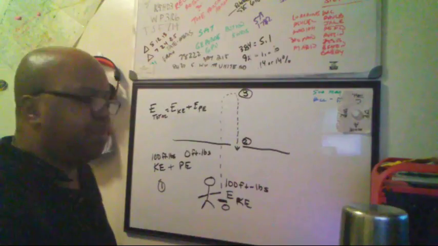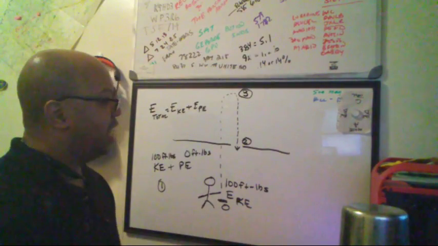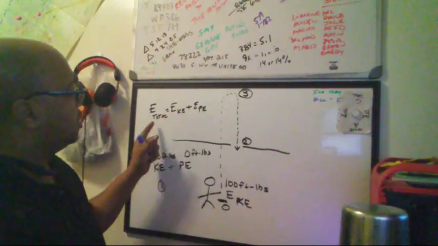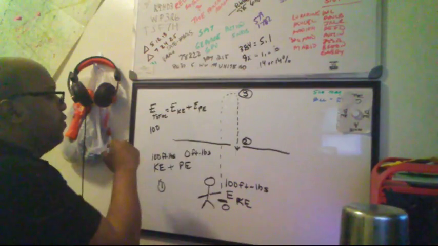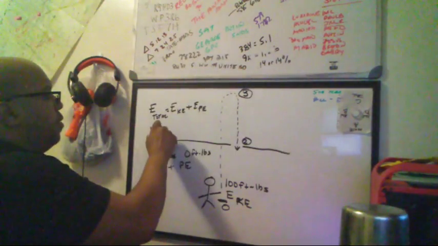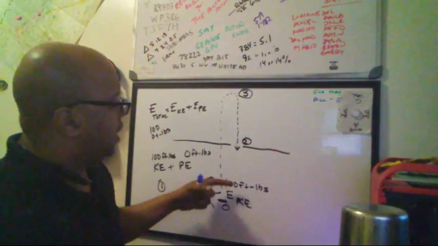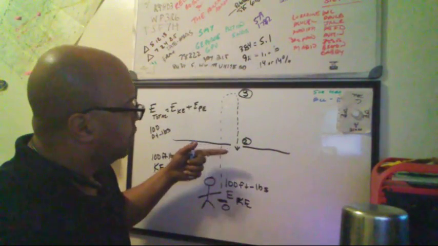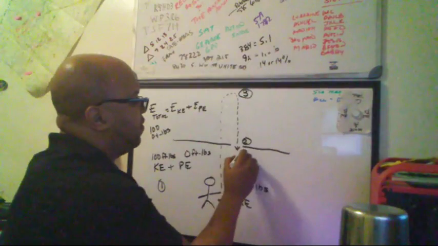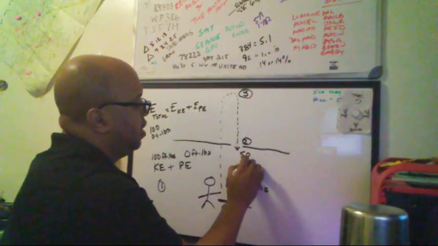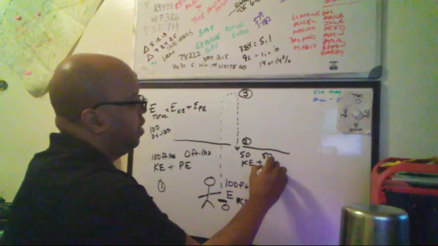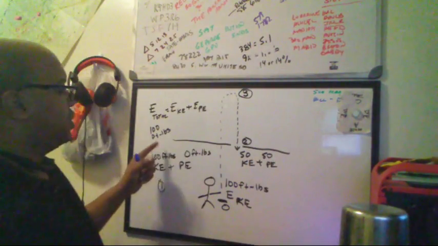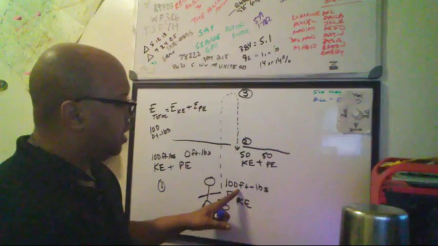At the halfway point, what is building up? We're actually losing kinetic energy. And like I said, the total energy is still going to stay at 100 foot-pounds. At the halfway point we're going to have 50 KE and 50 PE, but notice we're still at 100 total energy.